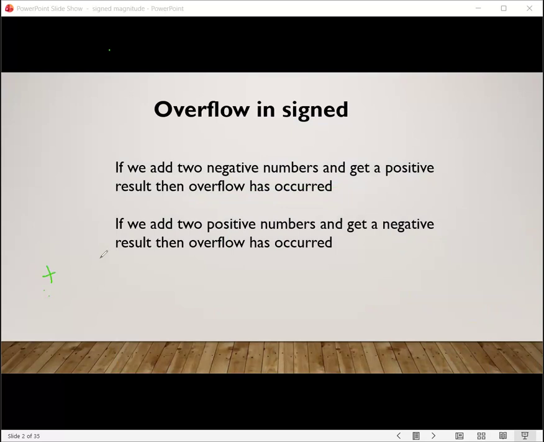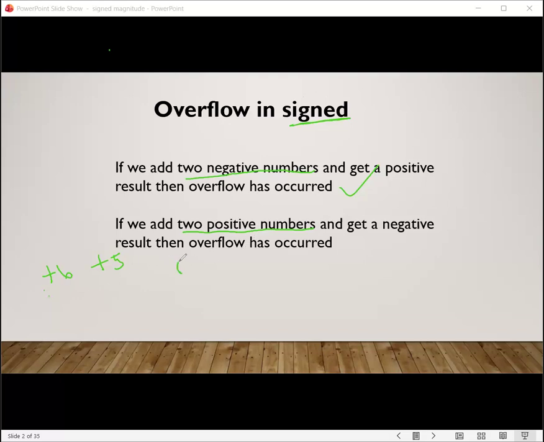So plus 6 and plus 5. Okay, so first we saw two negative numbers, minus 7 and minus 7. Now we'll see overflow in signed numbers for two positive numbers. What is the value of plus 6?